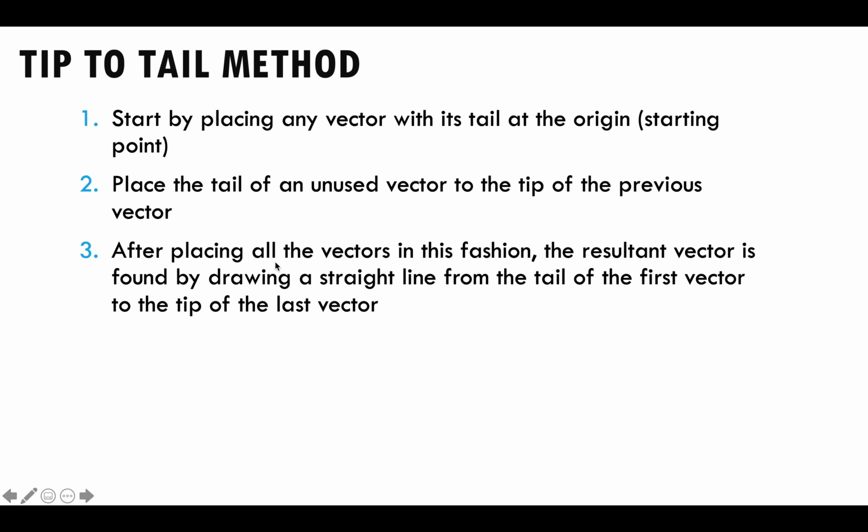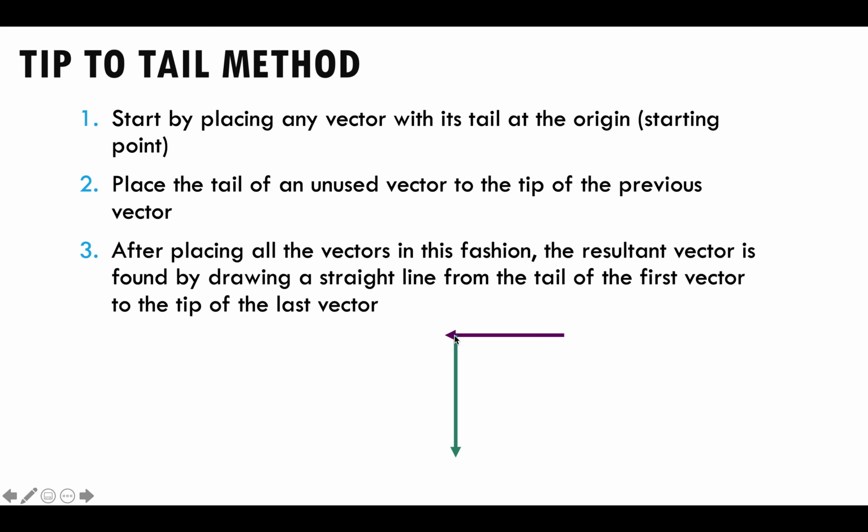Then after placing all of your vectors in the list, or all your component vectors rather, the resultant vector we find by drawing a straight line from the tail of the first vector to the tip of the last vector. For instance, if my first vector I draw, this would be my tail, this is the tip. So I would draw it tail to tip.